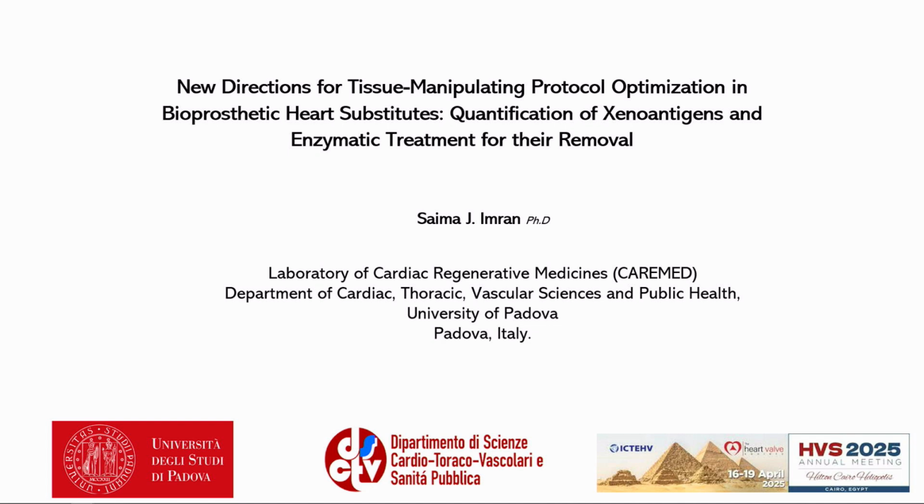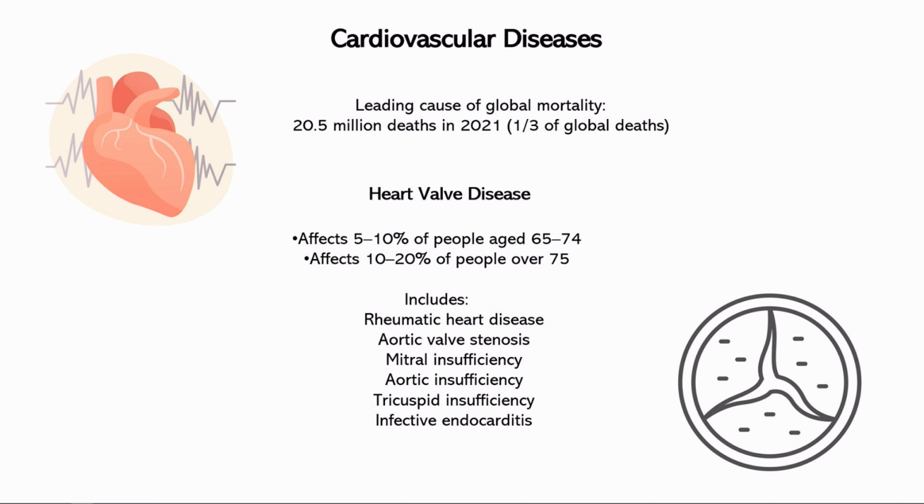These diseases include rheumatic heart disease, aortic valve stenosis, mitral insufficiency, aortic insufficiency, tricuspid insufficiency, etc. In valve surgery, there are 300,000 valve replacements annually, projected worldwide to reach 850,000 by 2050.